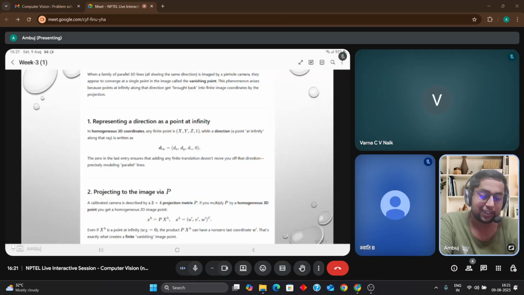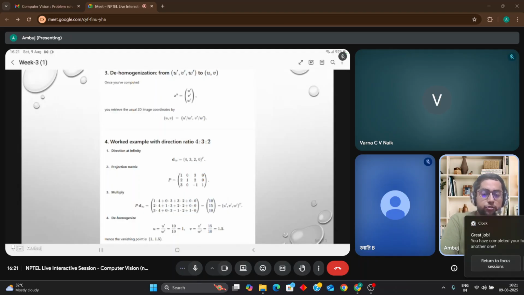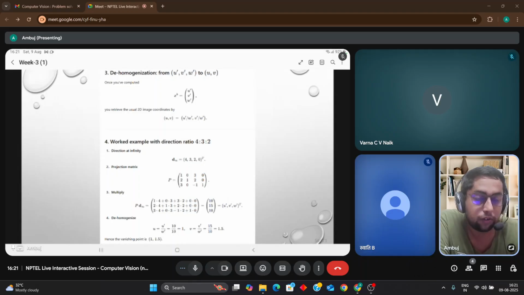That is exactly what creates the finite vanishing image point. Then you dehomogenize in the similar manner in which I dehomogenized the coordinates, when you have computed the XH.